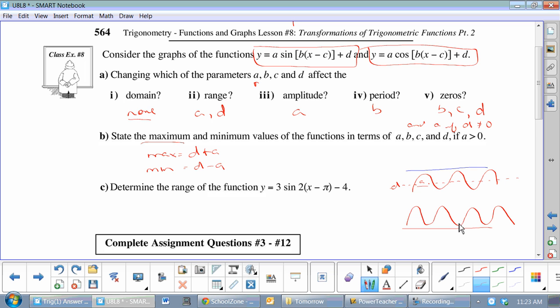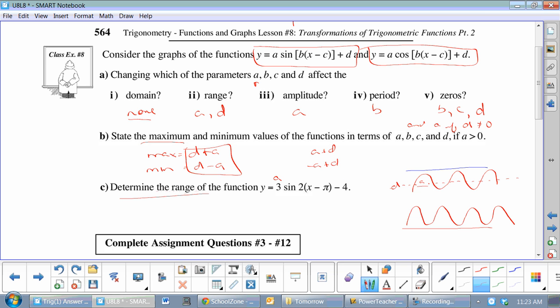Now, the book gives the formula like this: A plus D and -A plus D. I don't think that makes as much sense. But this, I got my midline, I'll add D and I'll add A and I'll subtract A from it. So how would you find the range of this function?